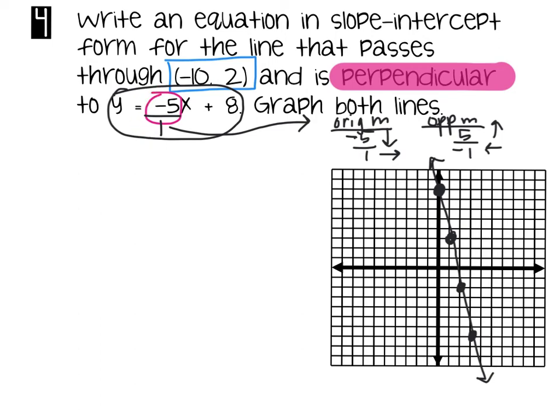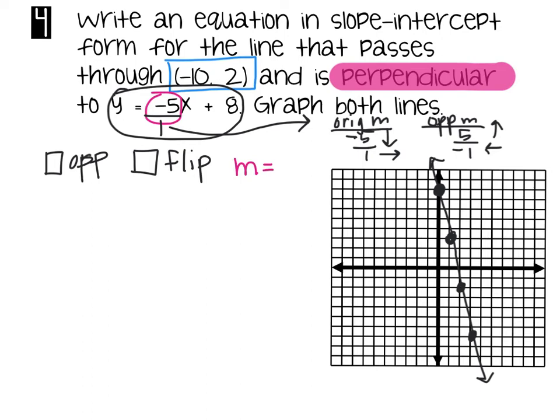I know that my slope has to meet two qualifications. It has to be the opposite sign. Okay, we're going to abbreviate this time. And it has to be the reciprocal, which I'm going to abbreviate as the flipped version. If their slope is negative 5 over 1, mine is going to have to be positive, right?